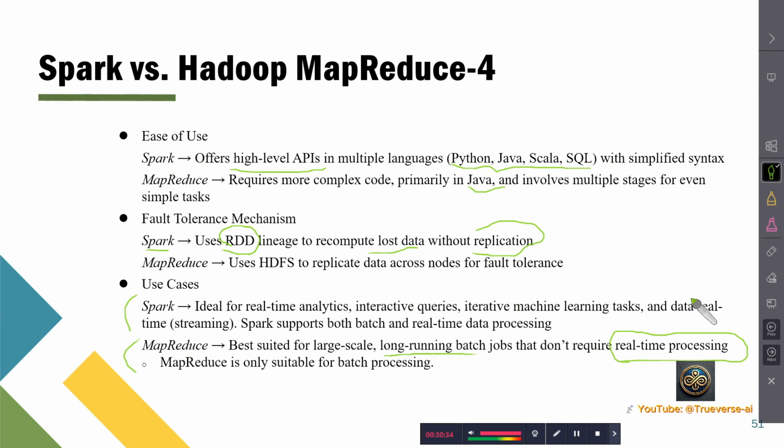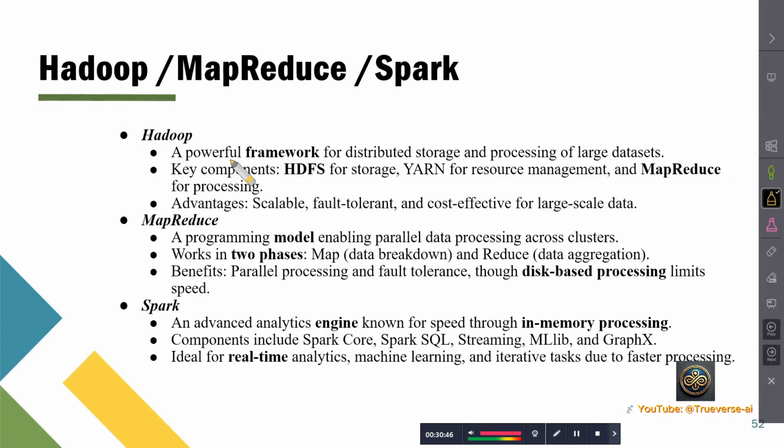So let's bring Spark, Hadoop, and MapReduce together in the next slide. Hadoop is a powerful framework, right? It is the basic distributed storage, and many formats are based on Hadoop. Key components like HDFS, MapReduce, and YARN are part of the Hadoop family.